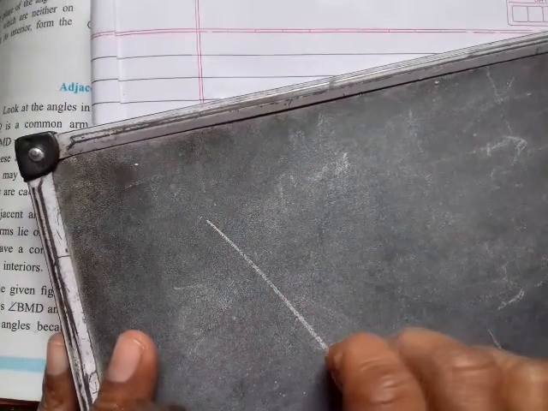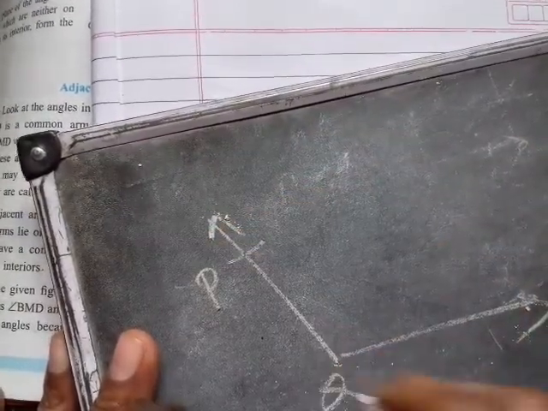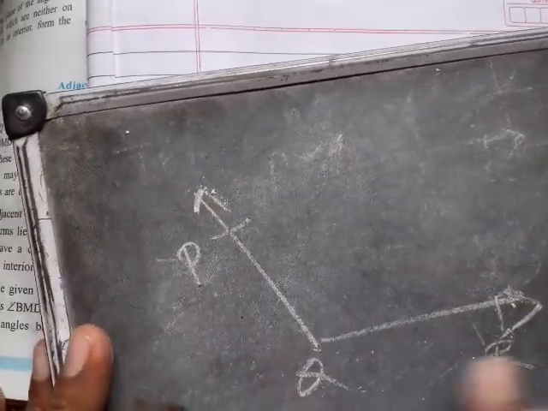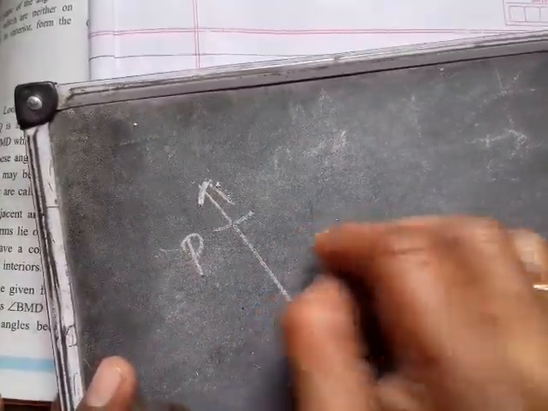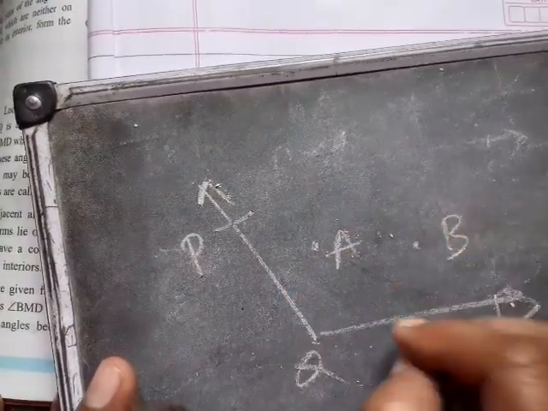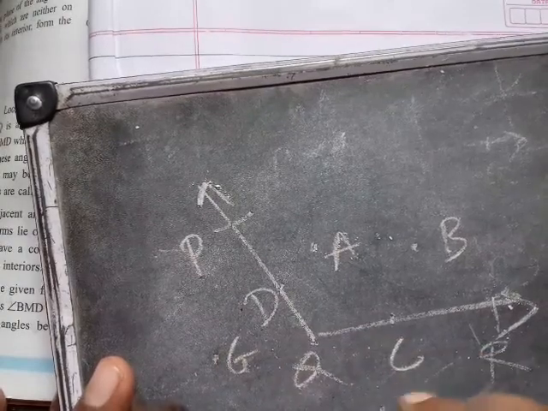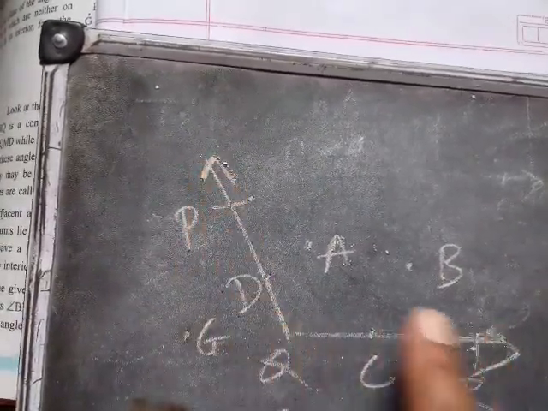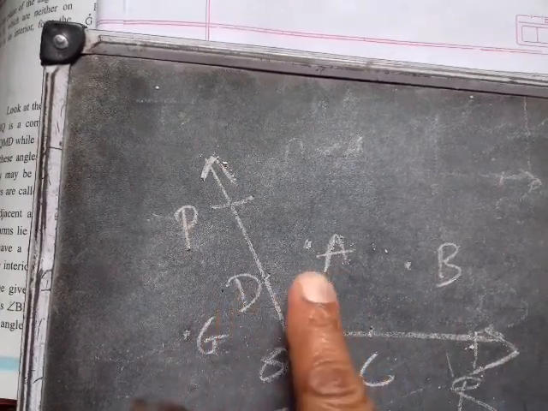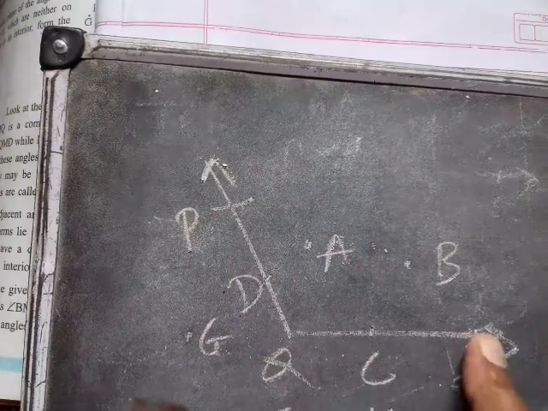Suppose now I am drawing an obtuse angle. My angle name is PQR, otherwise RQP. The vertex is Q, and here are points A, B, C, D, G, H, I. Then you observe that the interior points are point A and point B. On the angle, which points are there?